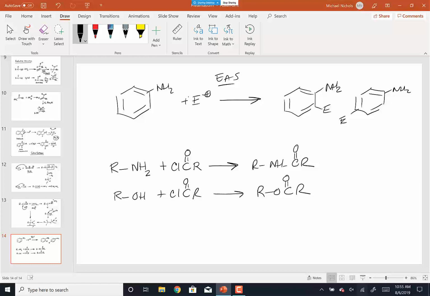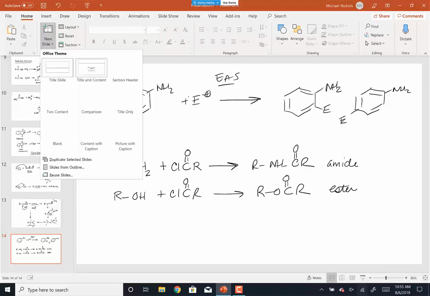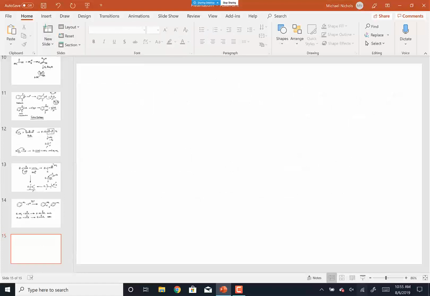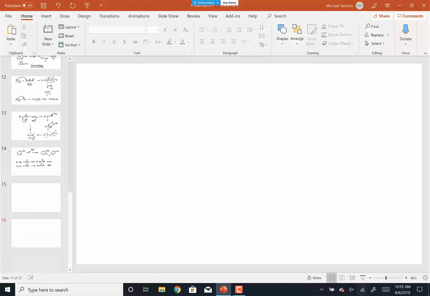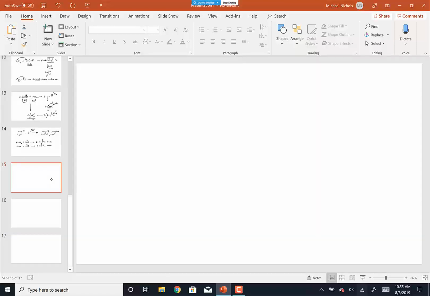You can react it with an NH2 group or even an NH, I suppose, and make an amide. So you can make the amide, the same reaction we use for an ester. All right, great. So we can do that.